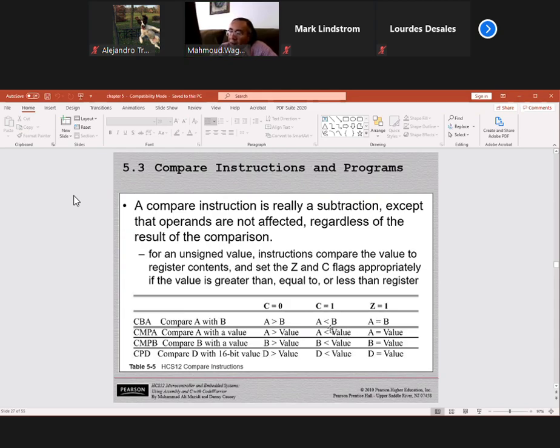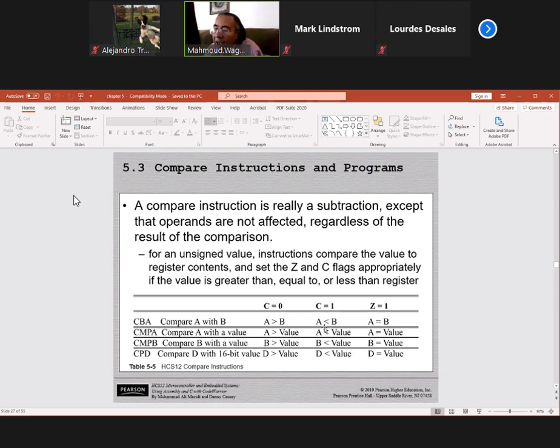This is if A is less than B: the carry bit goes to 1. It's as if there is a subtraction process, except that the final result doesn't reside in the accumulator.